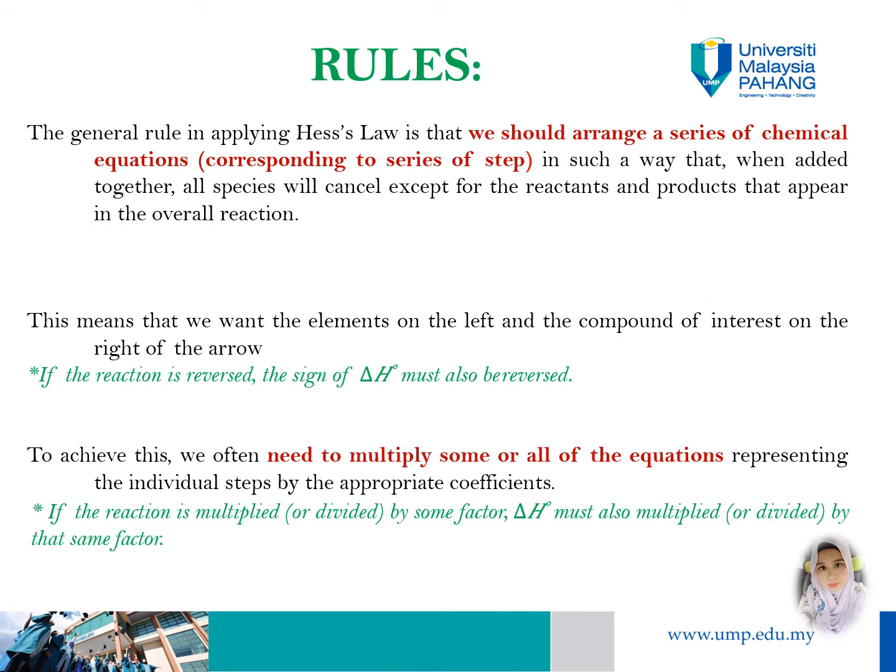General rules in applying Hess's law. First, we should arrange a series of chemical reactions corresponding to a series of steps. When we add the steps together, all species will cancel except for the reactants and products that appear in the overall reaction. Let's say we have the equation A plus B to produce D. The product we want to produce here is D. So this involves 2 steps.